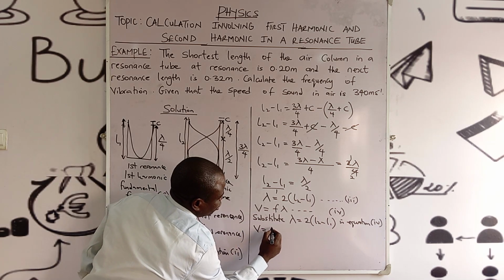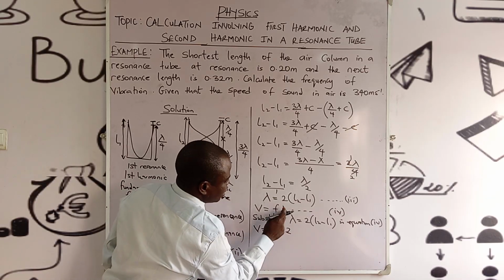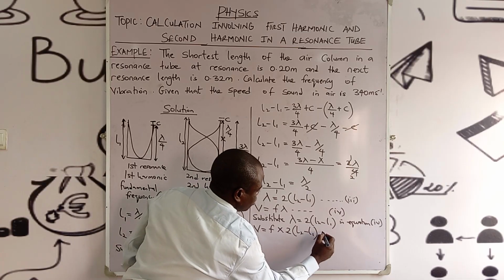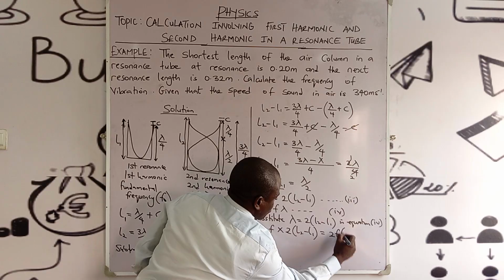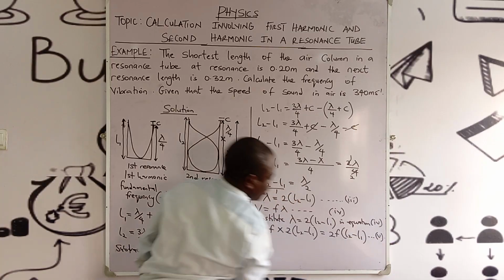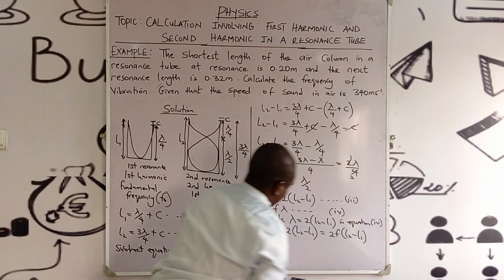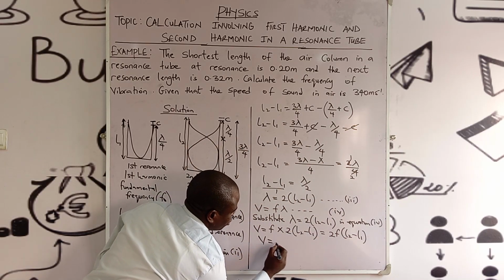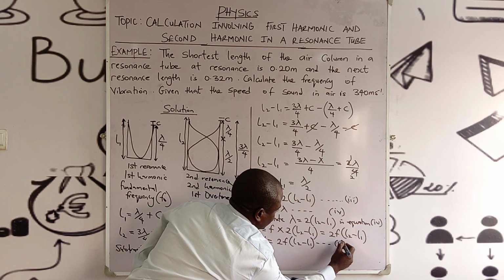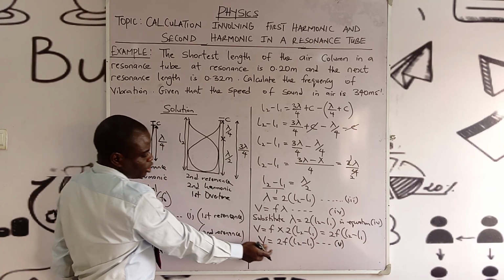Now V equals F times 2, instead of writing lambda, put 2 into L2 minus L1, which equals 2F into L2 minus L1, equation 5. Please, this equation 5 is very important. Let me rewrite it. Your V equals 2F into L2 minus L1, equation 5. It is a very important equation in which we are asked to look for the velocity of sound in air. You make use of this formula.